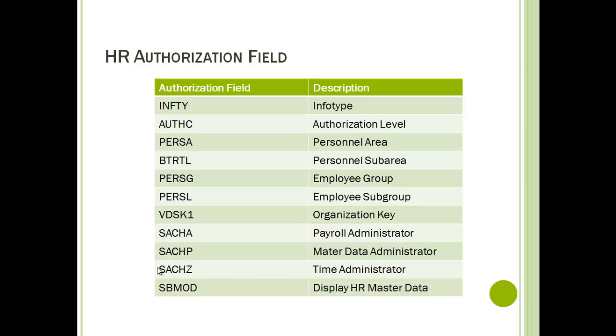The person who is processing the payroll for group number 1 will have their own payroll processed by group number 2. And the person running the payroll for group number 2 will be processed by group number 1. So we can have a kind of segregation within the payroll processing itself.